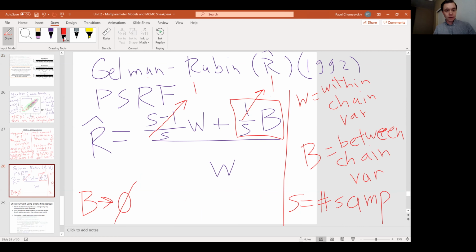If we look at this plot, the between chain variance is the same as the within chain variance. They're literally overlaid over one another. So as the between chain variance goes to 0, and S is large, then our R hats go to 1. And that's again what we want. At convergence, our R hats are near 1.